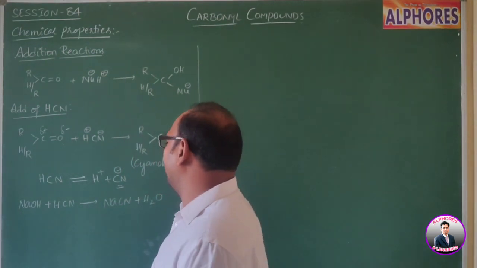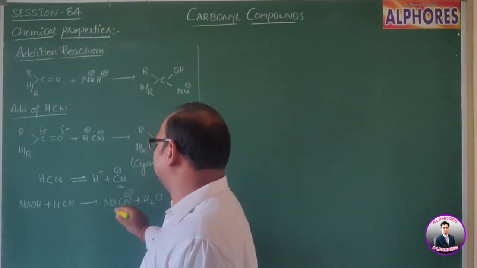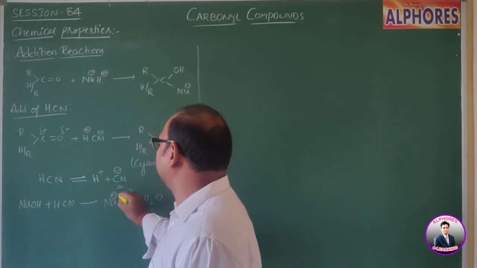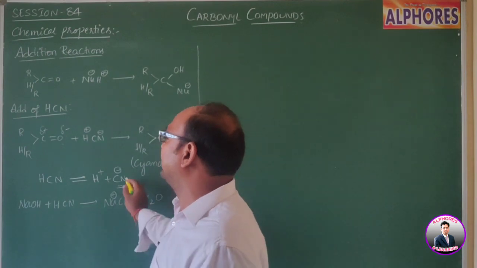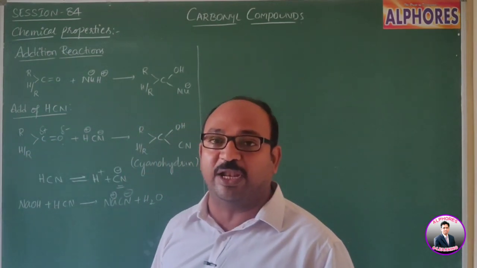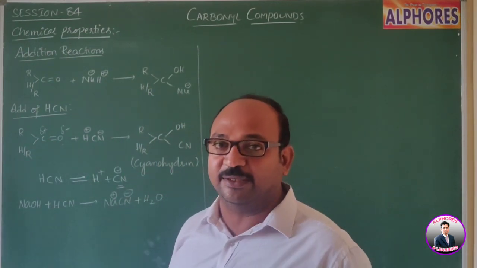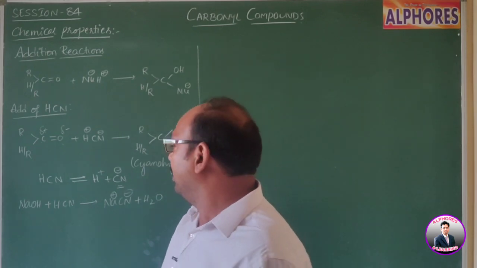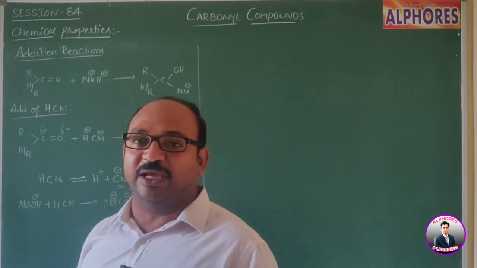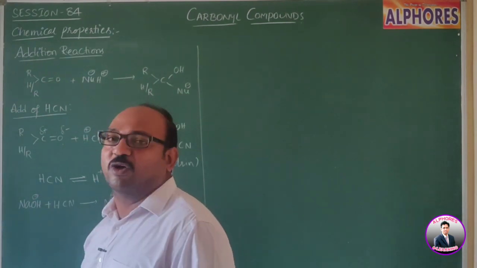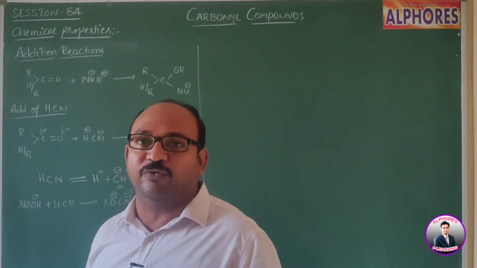Fine. So if NaCN is formed, then Na plus and CN minus readily split. Then CN minus acts as a nucleophile and reacts upon the carbonyl carbon. This one we are expecting. But meanwhile, what happened? This OH minus, being a strong base, is also a strong nucleophile.